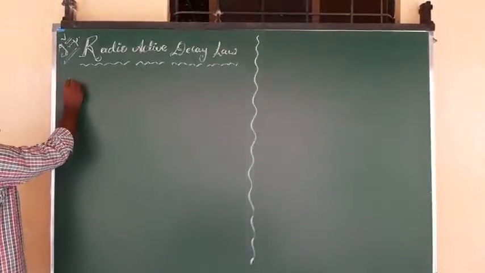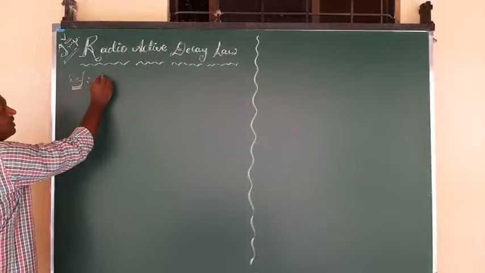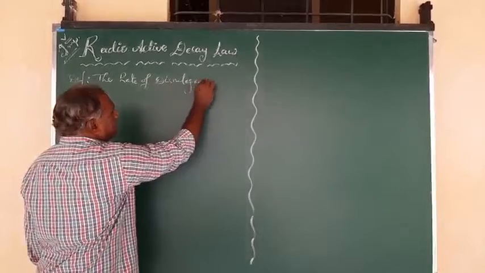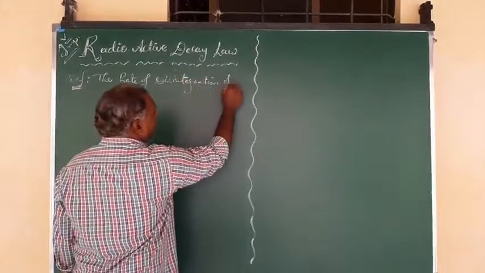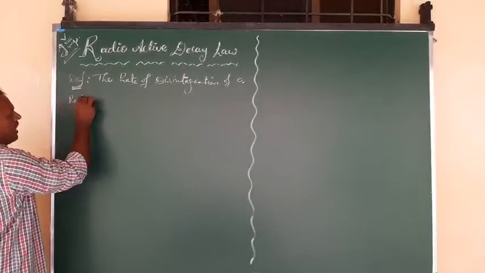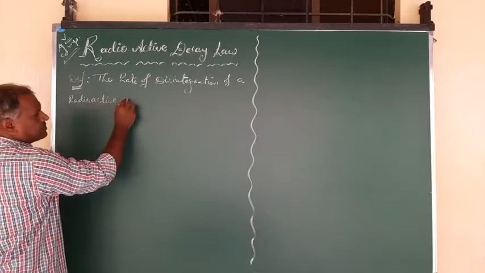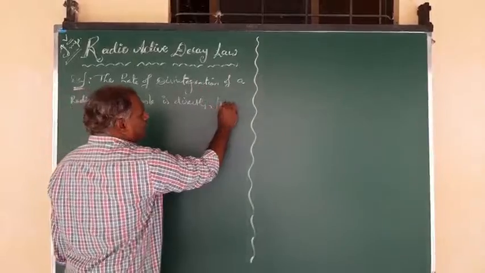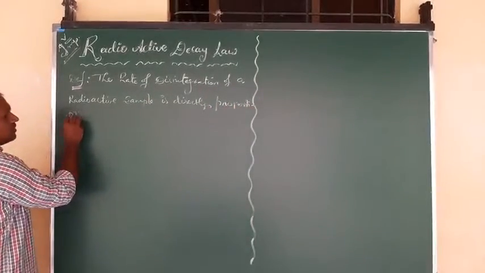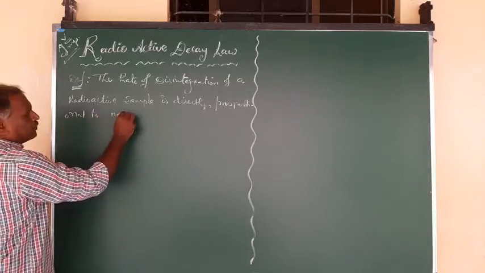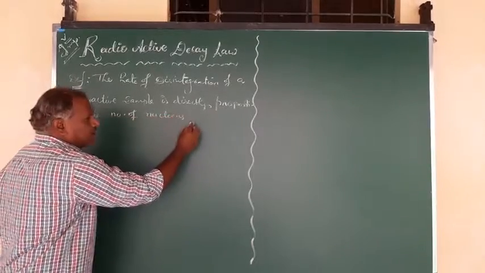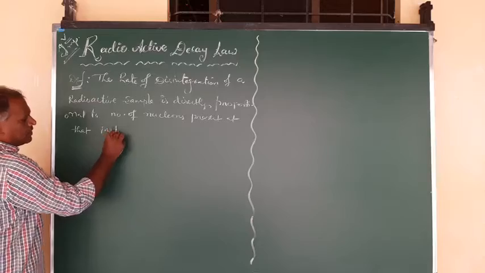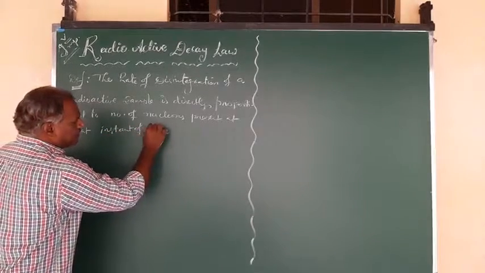So the radioactive decay law states, or the definition is: the rate of disintegration of a radioactive sample or nuclei is directly proportional to the number of nucleons present at that instant of time in that sample.